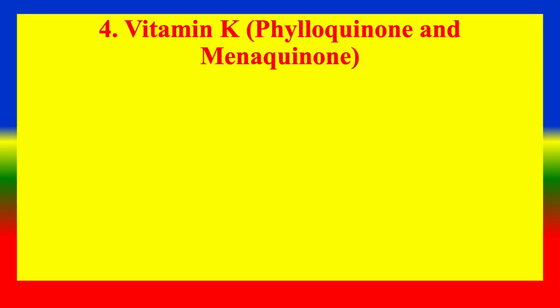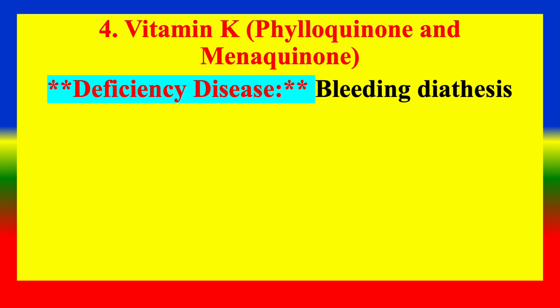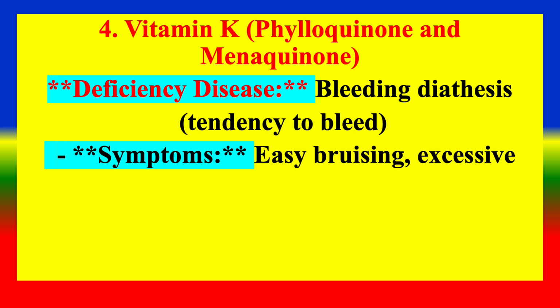4. Vitamin K, phylloquinone and menaquinone. Deficiency disease: bleeding diathesis, a tendency to bleed.